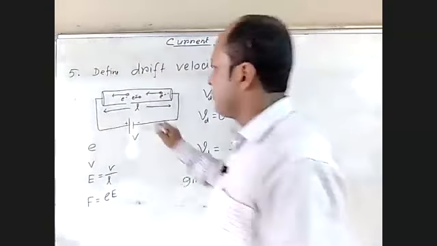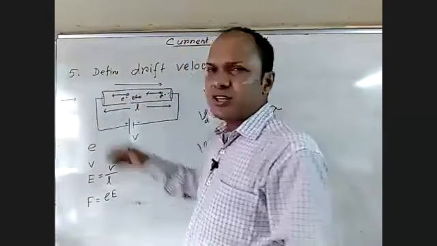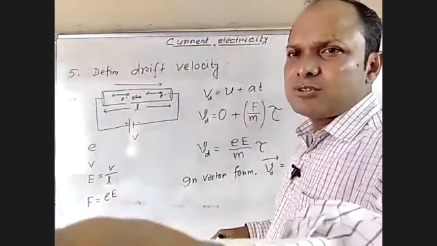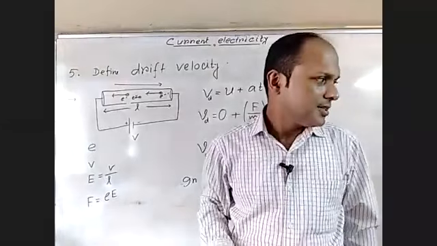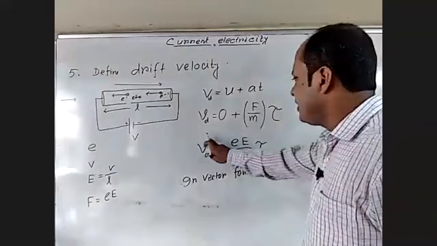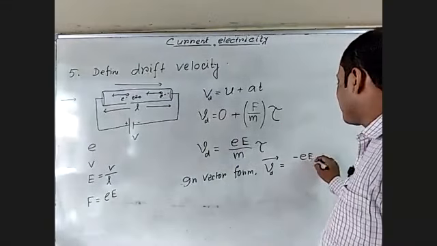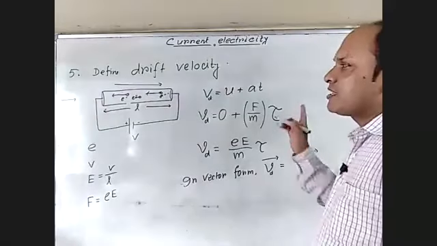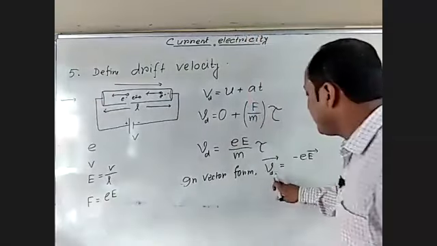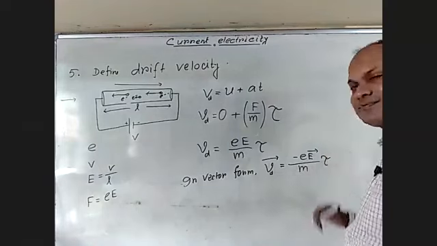You see the electric field is from positive to negative in this way, but electrons are moving in the opposite way. That's why Vd and E are opposite, and a minus sign should be introduced here to realize that Vd and E are not in the same direction.